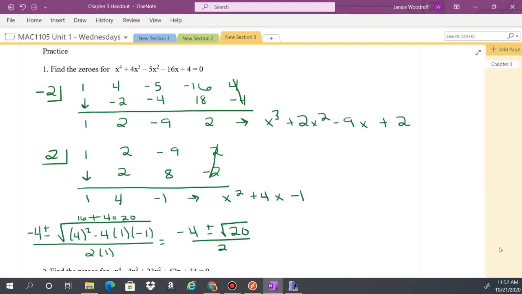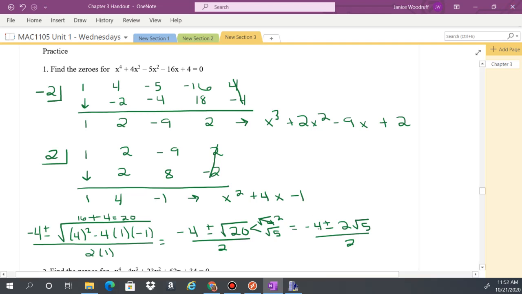And I want to simplify that root 20. I can pull a 4 and a 5 out. So square root of 4 there will be 2. So I'm getting -4 plus or minus 2 radical 5 over 2. And then finally I can reduce.